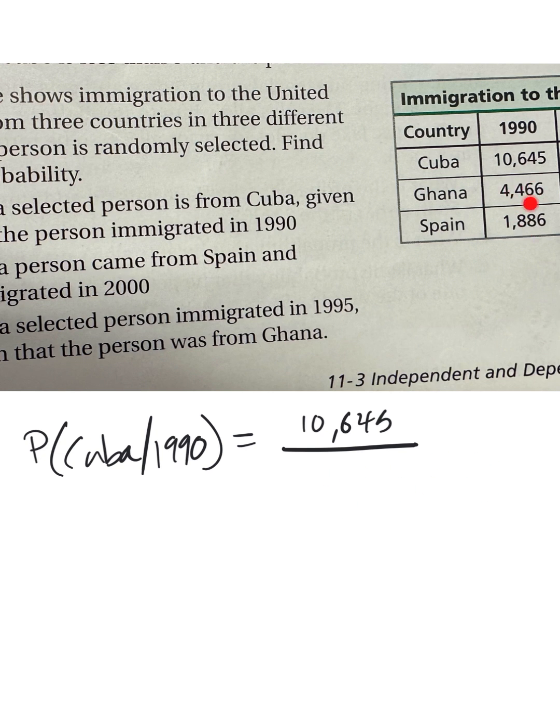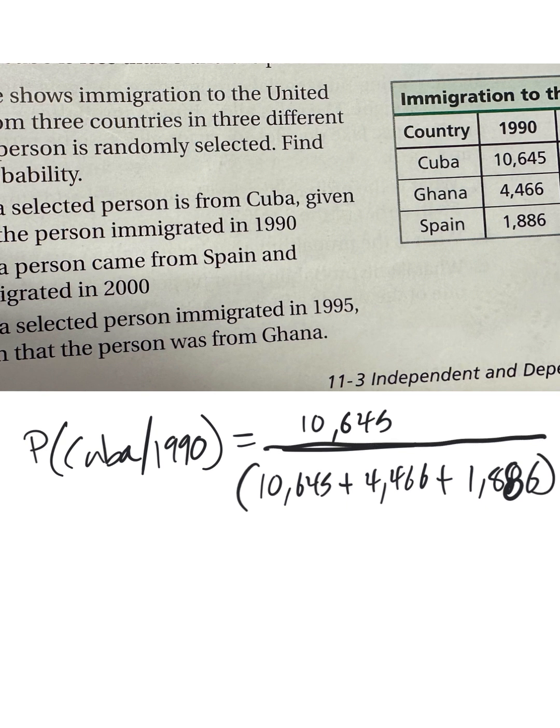So these would be failures in this situation, meaning that they did not come from Cuba. So we're going to do divided by 10,645 plus 4,466 plus 1,886. Forgive my bad handwriting here.